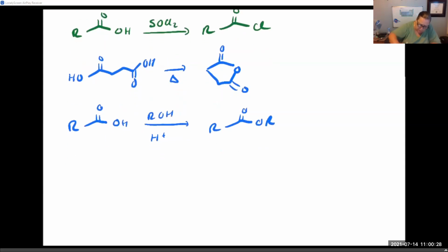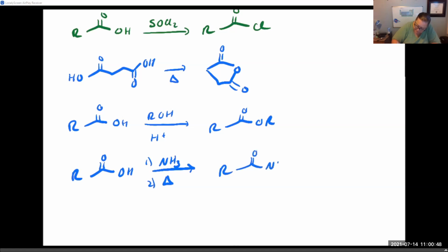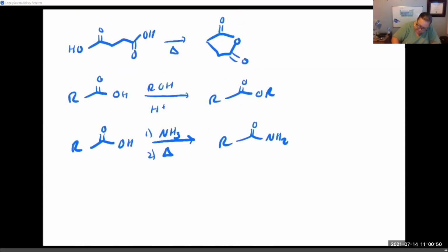And this one I call total BS on, but your book talks about it, so I'm going to show it to you. Reactions with ammonia, a lot of heat, and somehow you're going to get an amide, which again, I call BS on.